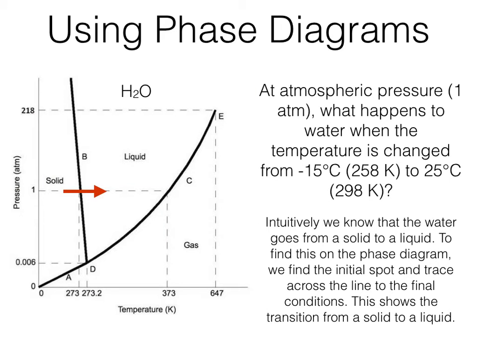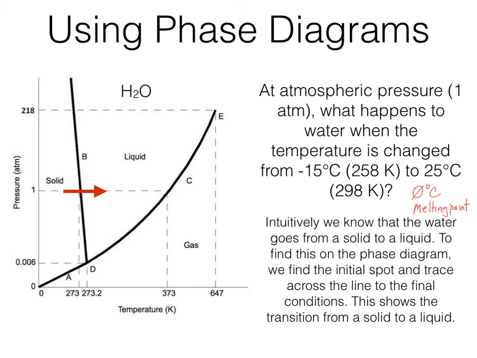So, using phase diagrams. At atmospheric pressure, 1 atmosphere, what happens to water when we go from negative 15 degrees Celsius to 25 degrees Celsius? Now, at regular pressure, the melting point of water is 0 degrees Celsius. Or you could call that the freezing point.